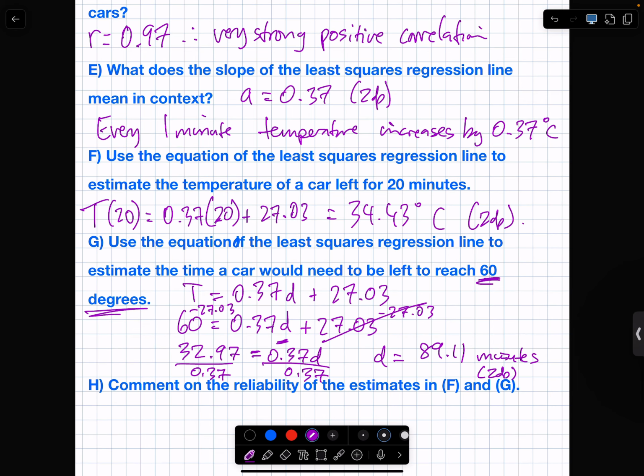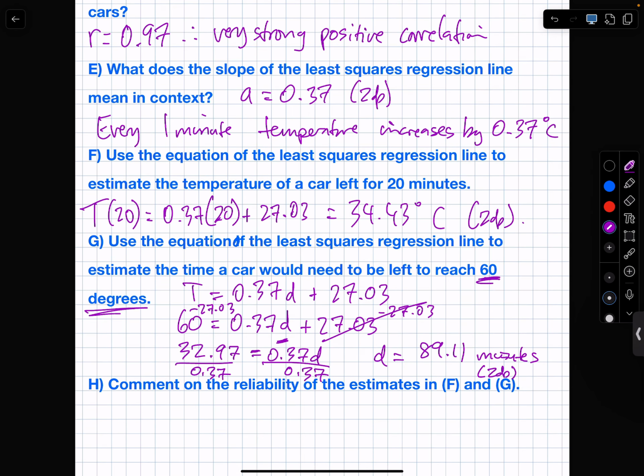Give you some time to get that because there's only one more question left. Comment on the reliability of the estimates in F and G. Well, F: what kind of prediction was F? Was F an extrapolation or interpolation? Was 20 minutes within the data that we used for those cars? Yes, interpolation.